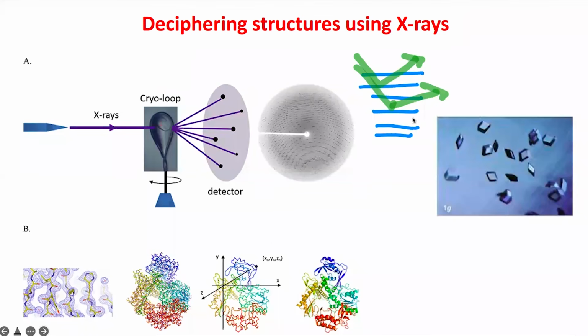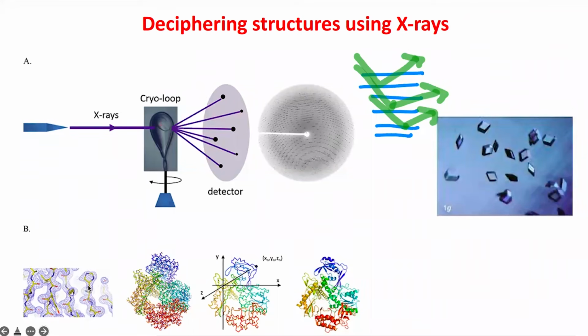So there is interference created by these planes. And this can only happen if the proteins inside the crystal are organized in a crystalline array. And what you end up getting is these spots, which are nothing but reflections of the crystalline lattice of the crystal.